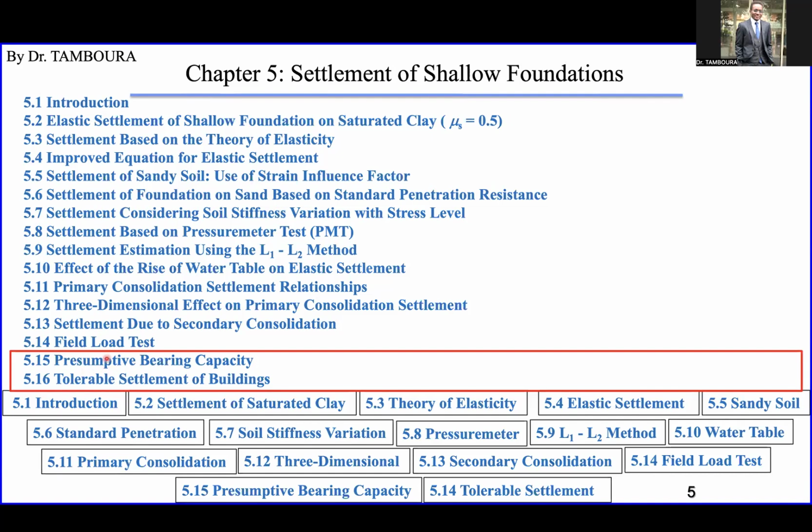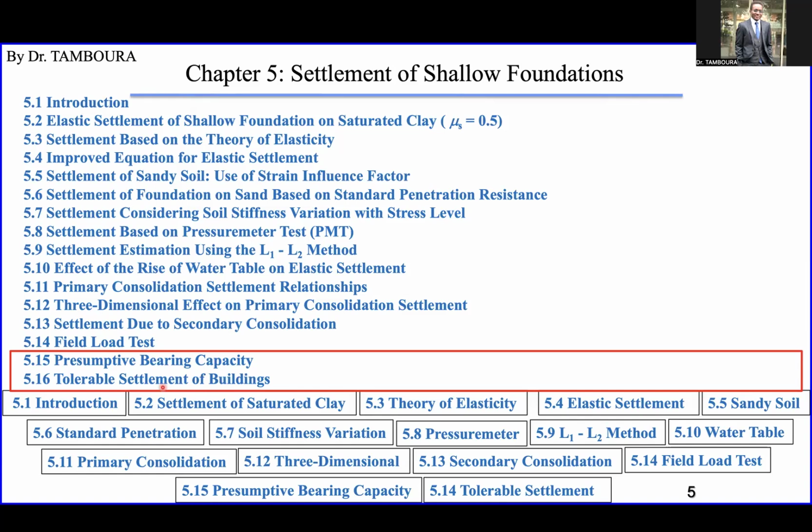But the first one is just one slide, so it's not that long. And the last one we will see the way we can estimate different settlement of a building, okay?